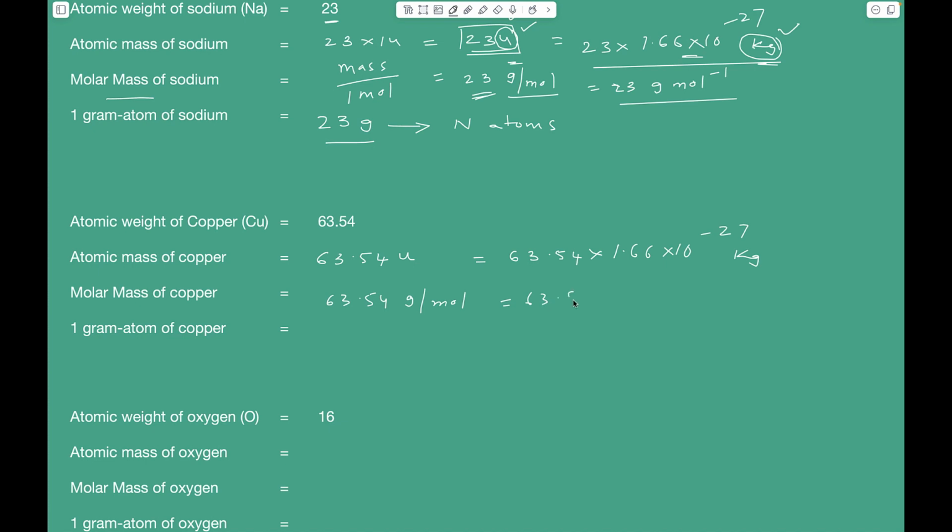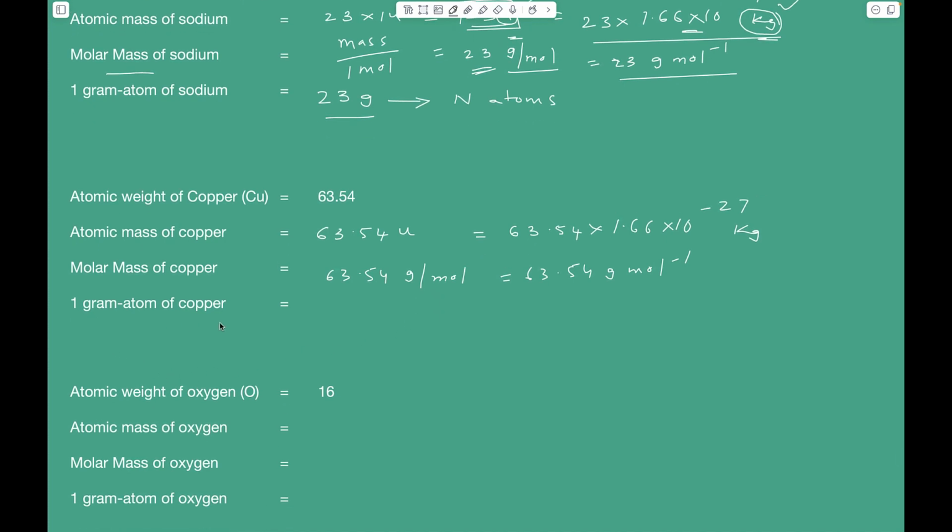So 63.54 grams per mole is the molar mass of copper. Then what is 1 gram atomic weight or 1 gram atom of copper? It is by definition its atomic weight in grams. So it is simply 63.54 grams.